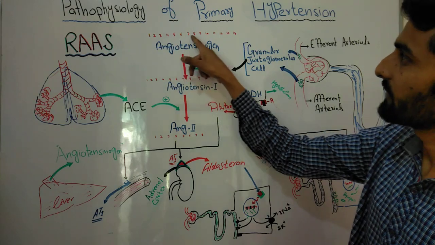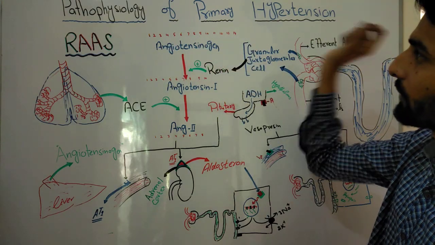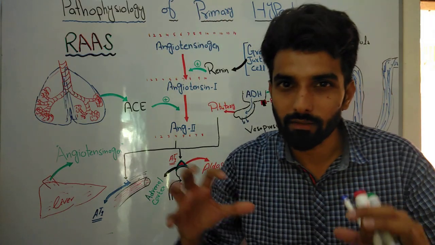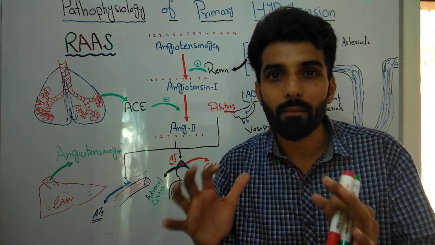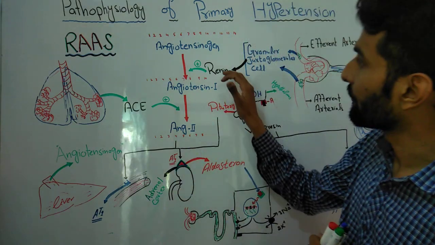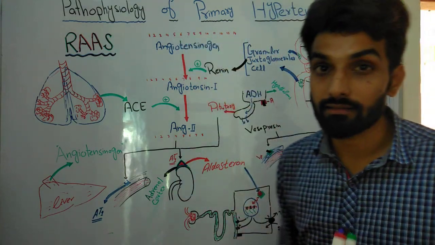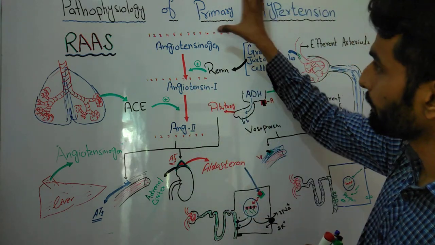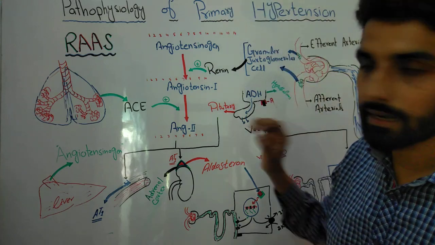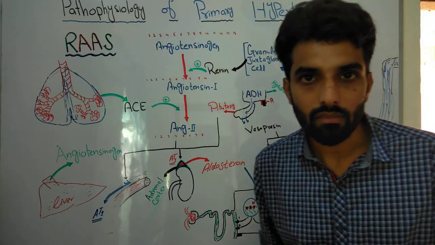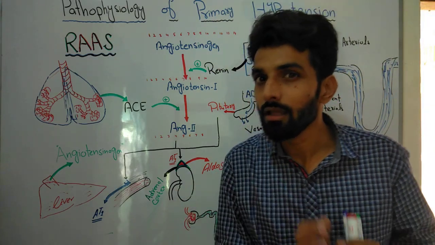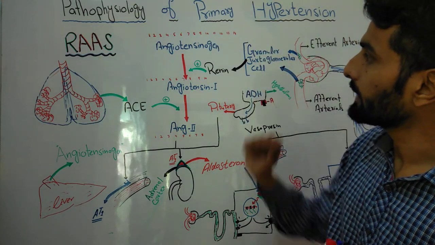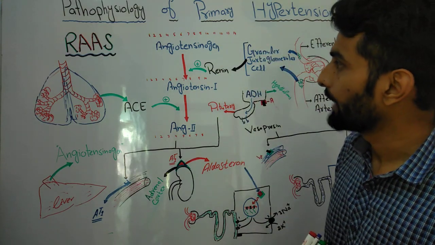These are basically amino acids, so it is made up of 14 amino acids. Now renin will convert angiotensinogen into angiotensin 1 just by removing the 4 terminal amino acids at the end.